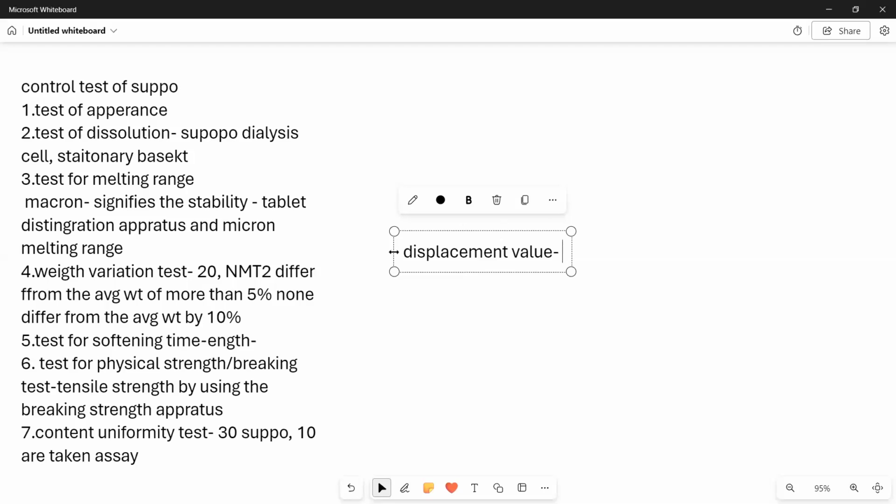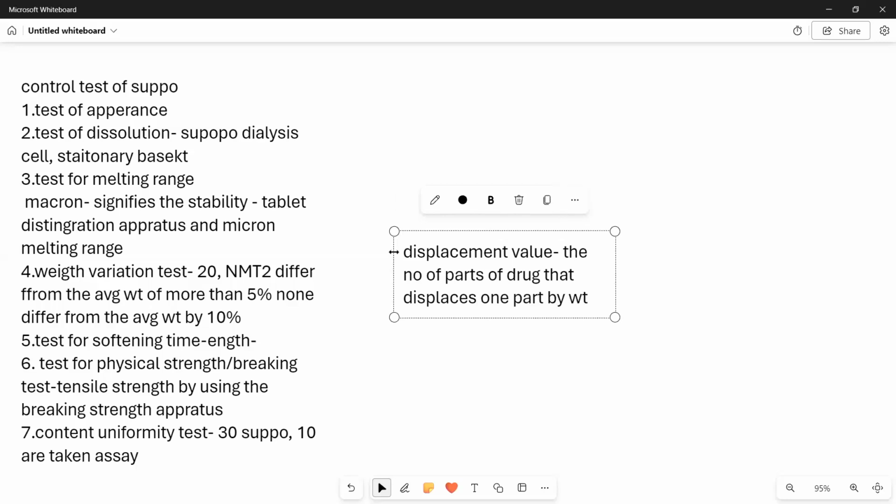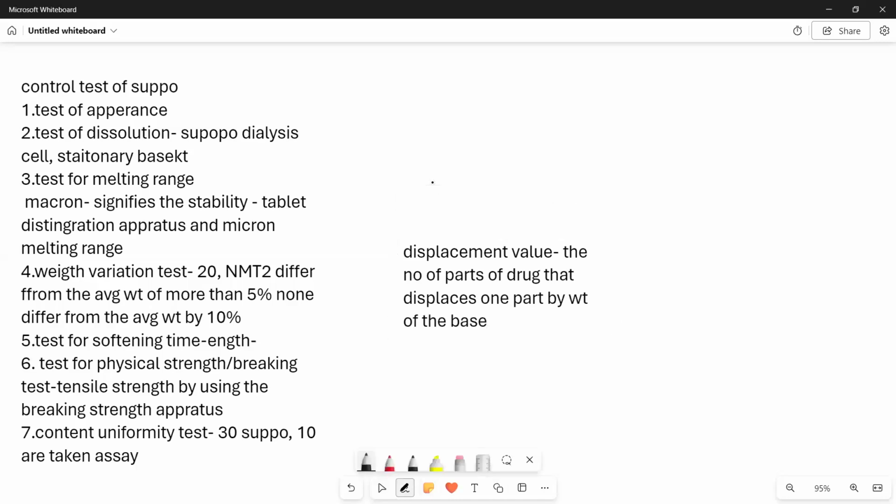It is also represented as the number of parts of drug that displaces one part by weight of the base. Let me explain this with a diagram. For example, this is a suppository base.